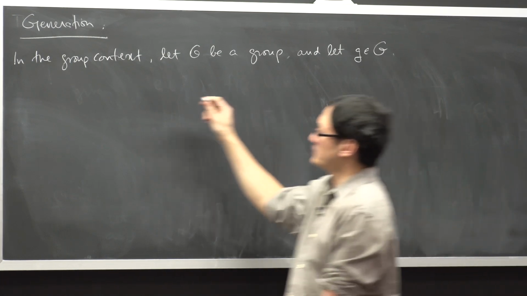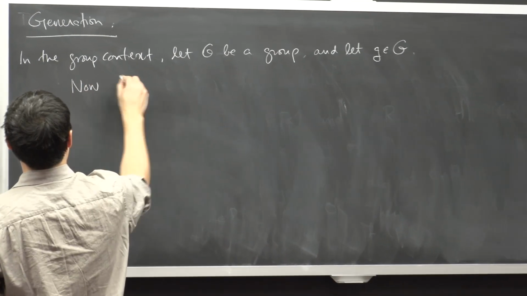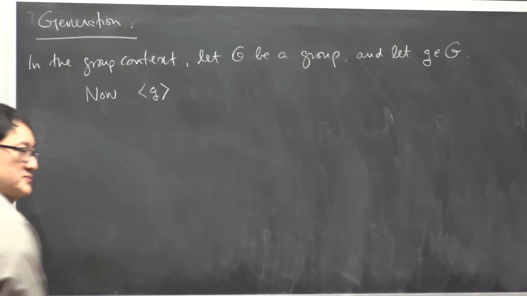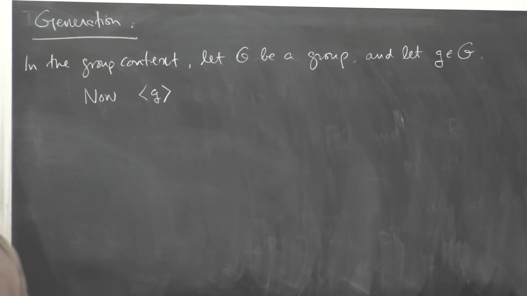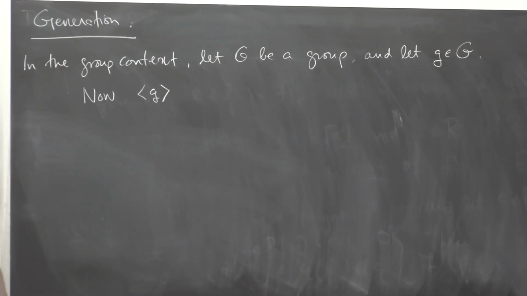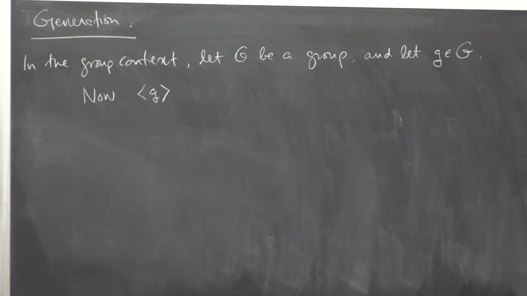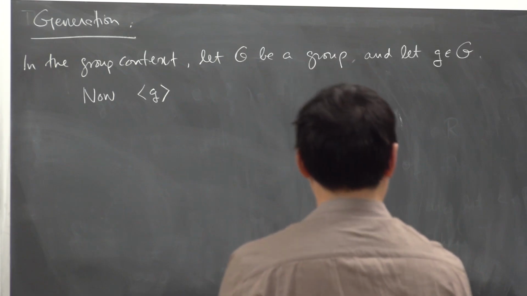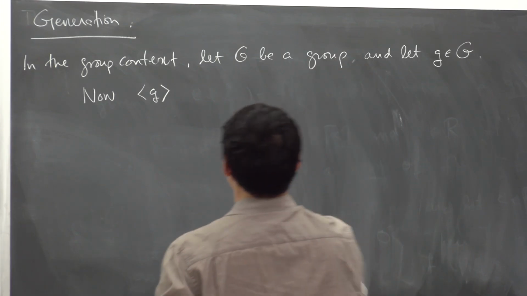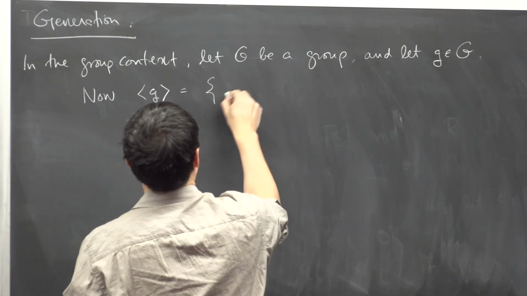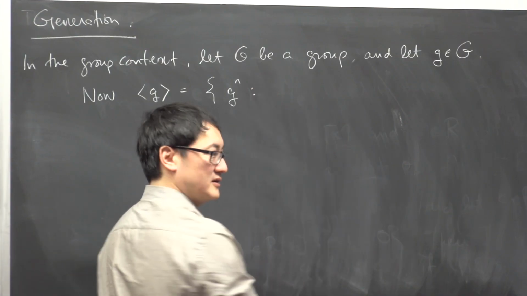Now, there is this object that you studied that's denoted this way. What is that thing? It's not an ideal, it's a cyclic group, right, generated by g. What does that mean? Typically it means all possible powers of g.